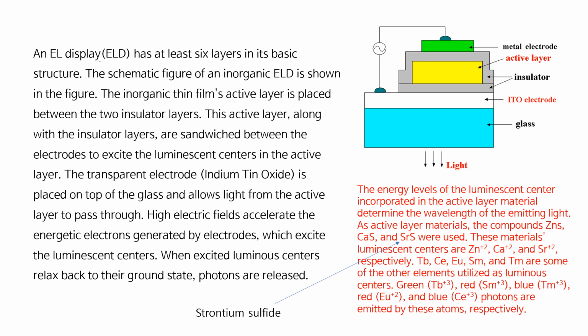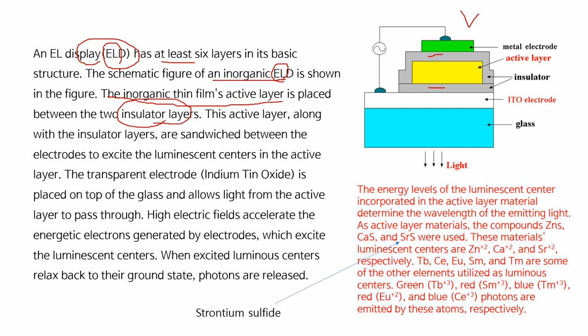An EL display, ELD, has at least 6 layers in its basic structure. The schematic figure of an inorganic ELD is shown in this figure. The inorganic thin film's active layer is placed between the two insulator layers.